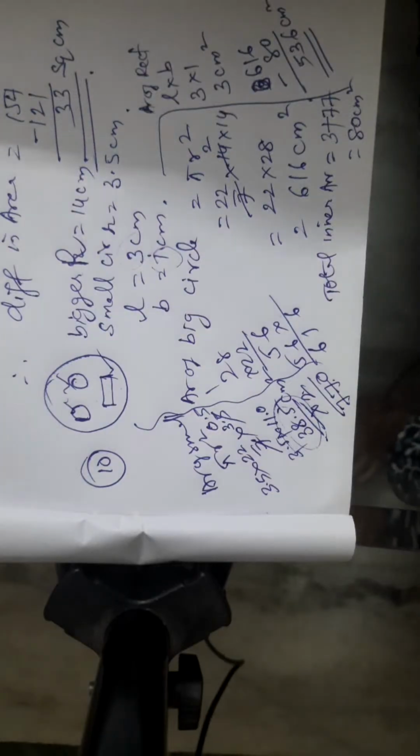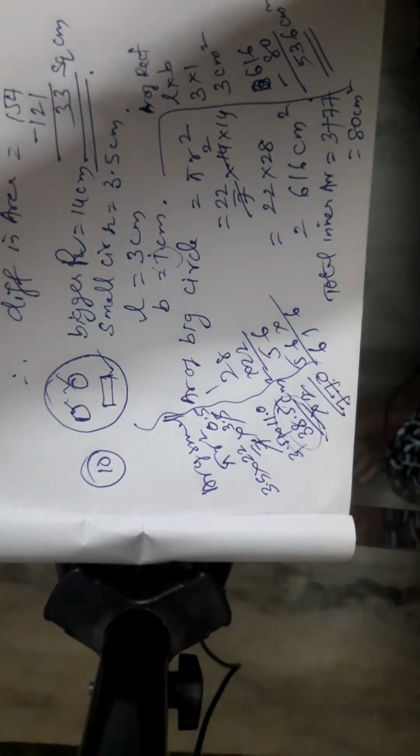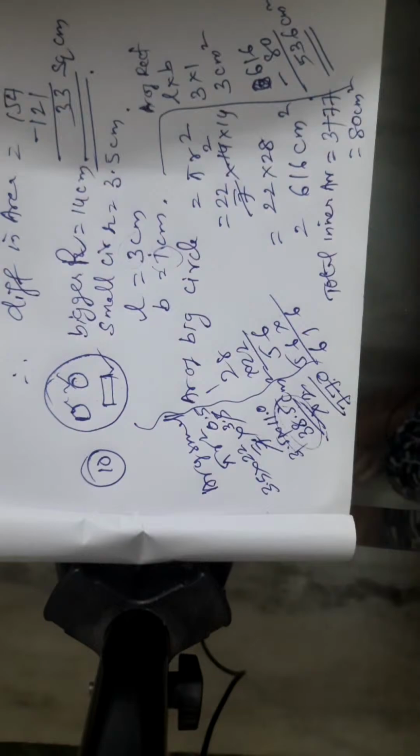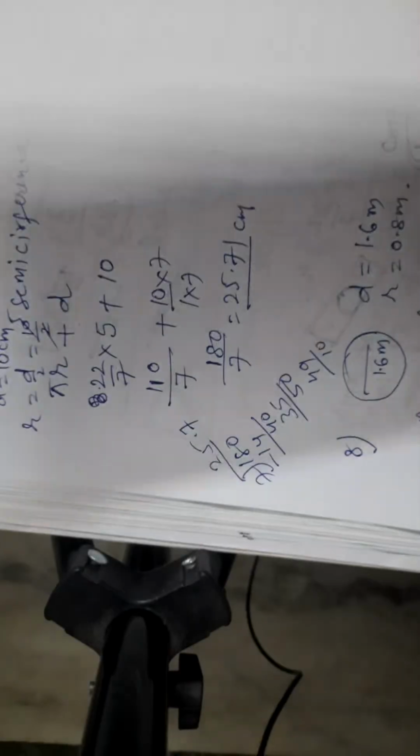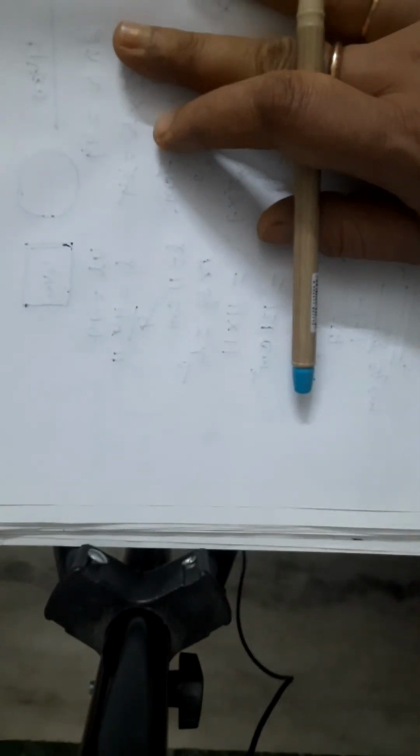Now question number 11 onwards, they are very important, which you need to repeat very perfectly. So here in question number 11, it is given: a circle of radius 2 centimeter is cut out from a square piece of aluminium sheet of side 6 centimeter.